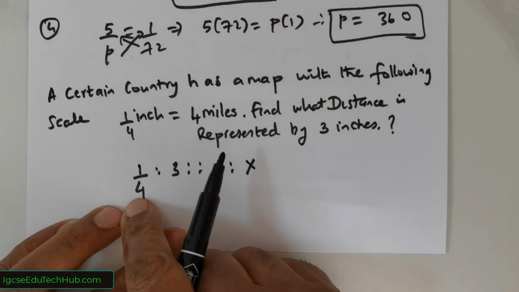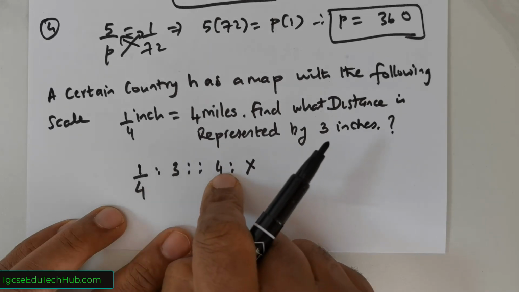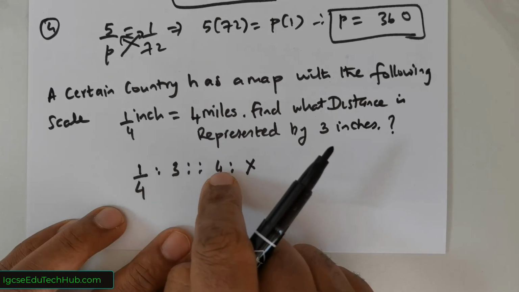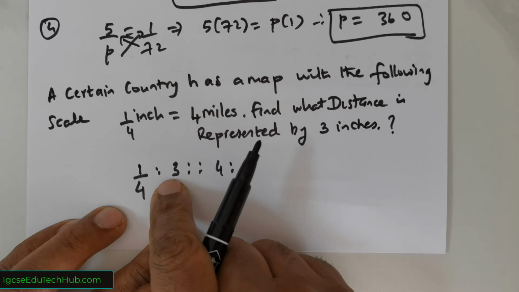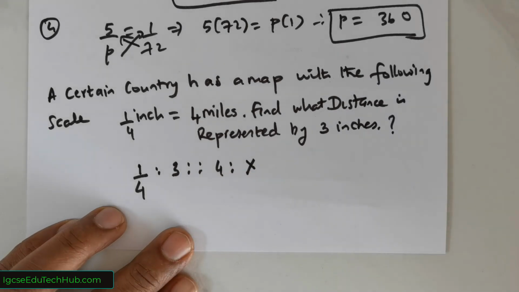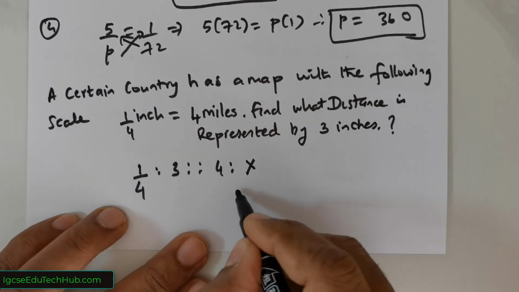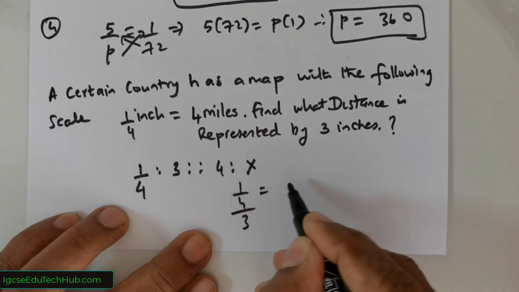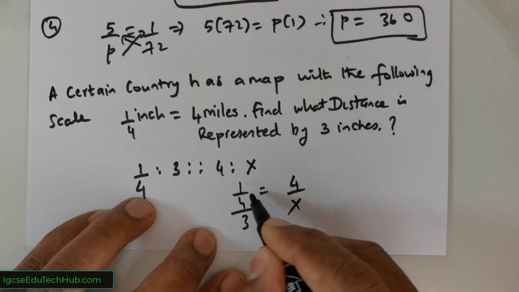So if 1/4 inch corresponds to 4 miles, how many miles will 3 inches correspond to? So this can be rewritten as 1/4 divided by 3 is equal to 4 over x.